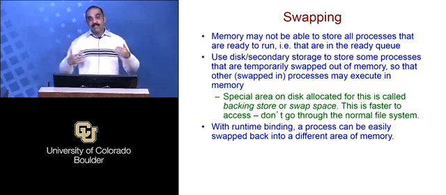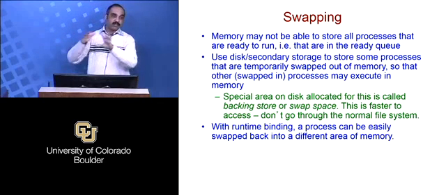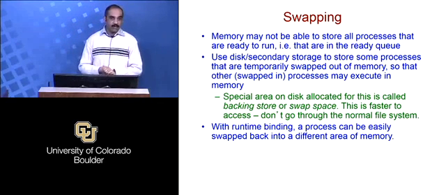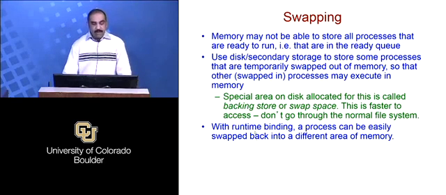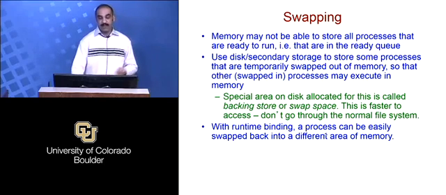But the file system will slow down the access to the disk, because the file system has to run all kinds of algorithms. So the swapping part actually circumvents the file system. Now, with runtime binding, as I said, a process can be easily swapped back into a different area of the memory.